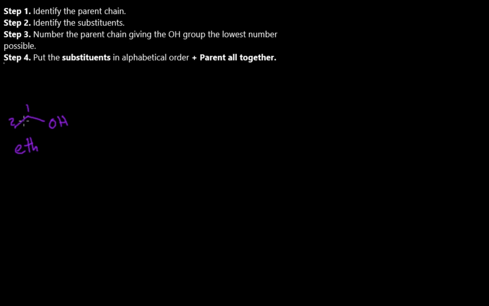And there are no C-C double bonds or C-C triple bonds, then it takes ane, plus the suffix of the functional group here should be ol. So in the end, it should be ethanol. So the functional group OH gives the compound a suffix, the suffix ol.